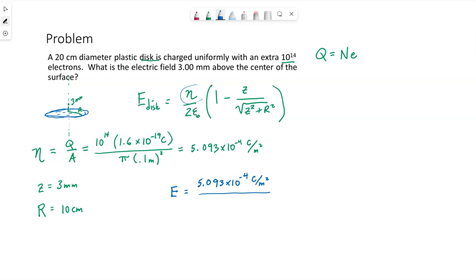So there's eta, epsilon naught, 8.85 times 10 to the negative 12. All right, so Z is 3 millimeters, which I want to be in meters. 0.003 squared plus R is 0.1 squared.